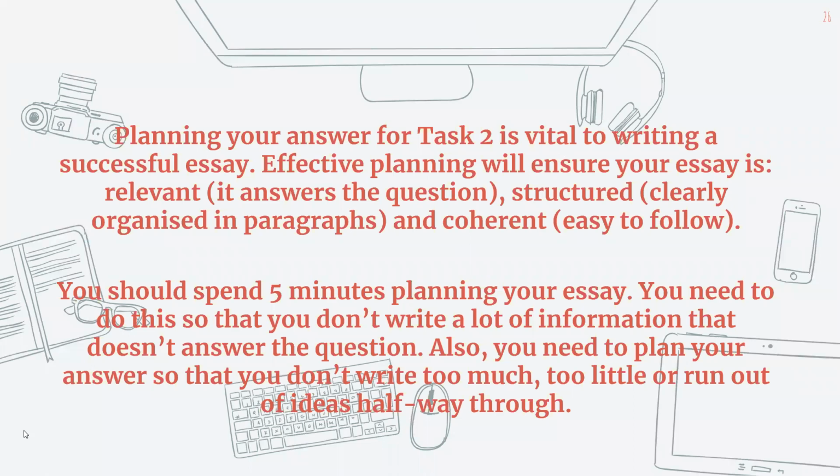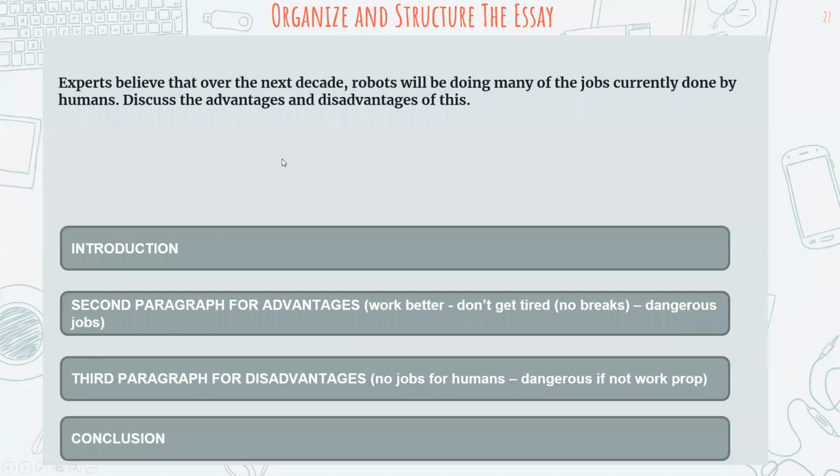Okay, now let's talk about organizing and structuring your essay. Here we have the question. Experts believe that over the next decade, robots will be doing many of the jobs currently done by humans. Discuss the advantages and disadvantages of this.